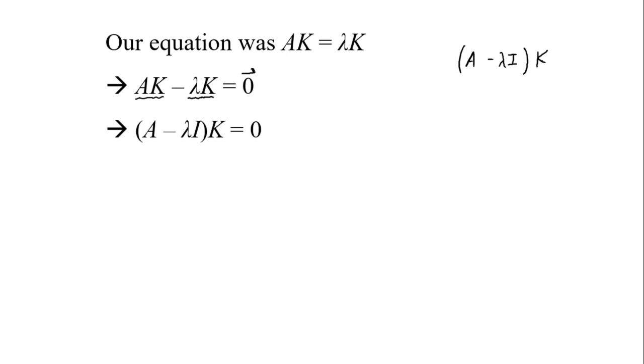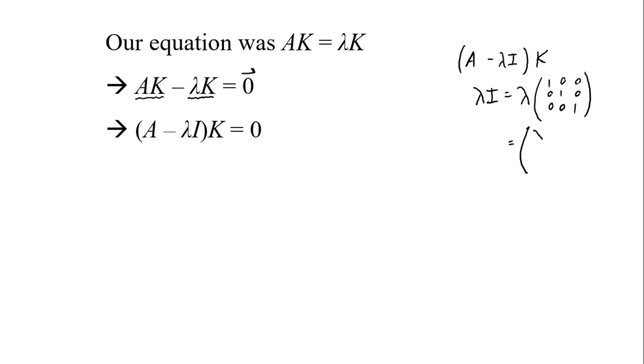Now, I also want to think about what that lambda I means. We know that I is that matrix with ones on the main diagonal and zeros everywhere else. So if I multiply this matrix by lambda, each entry is multiplied by lambda.